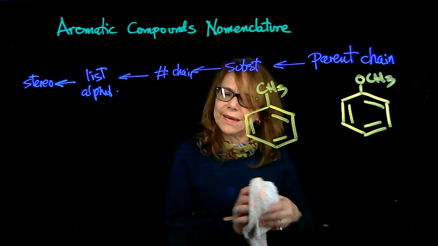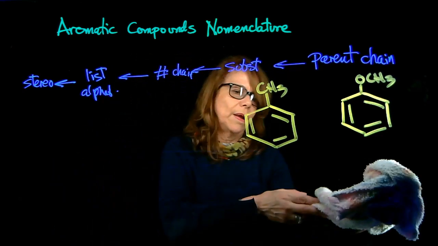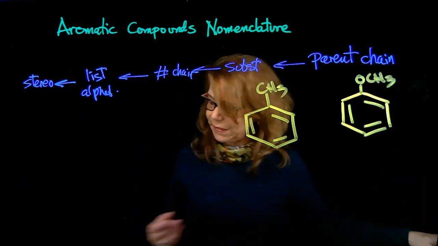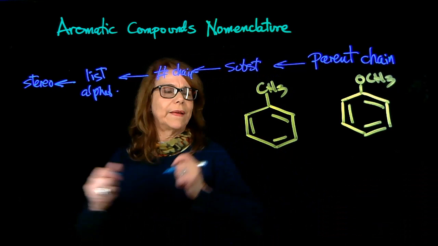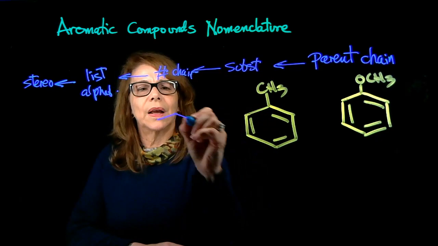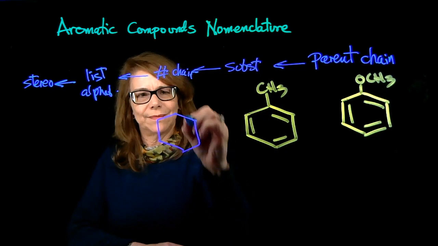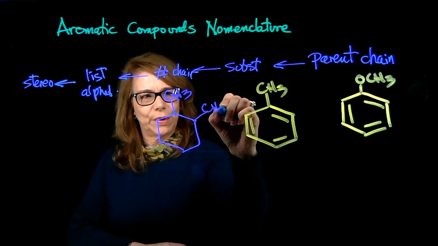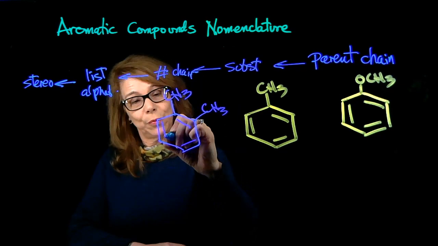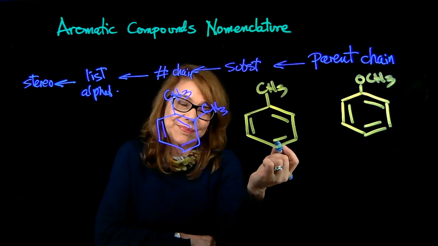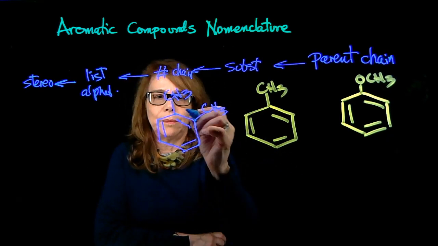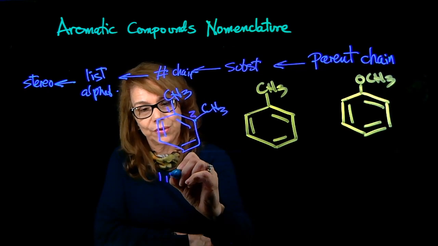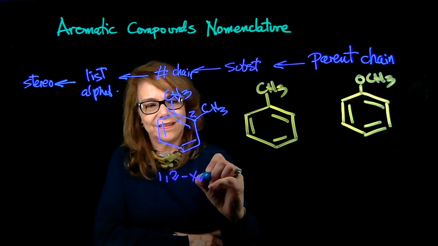But if I add another methyl group, we want to specify what is the relationship in that substitution. Say that I grab toluene, but now I add another methyl group. That will be dimethylbenzene, 1,2-dimethylbenzene.